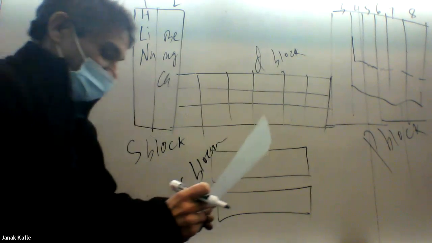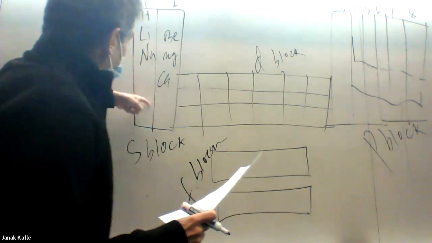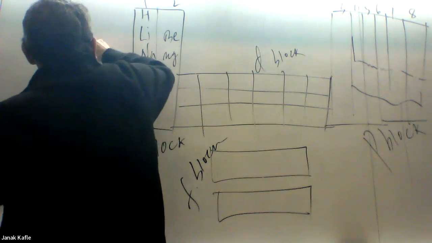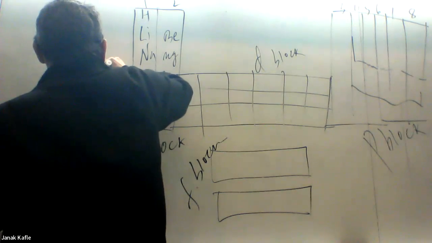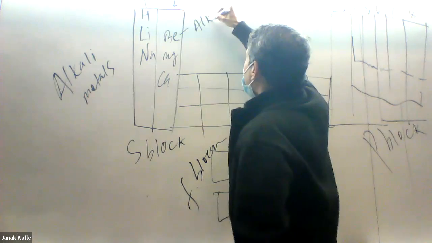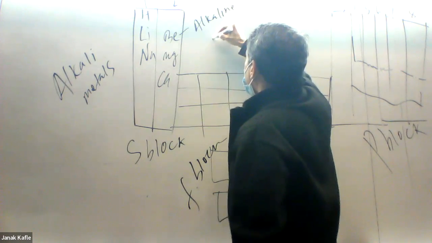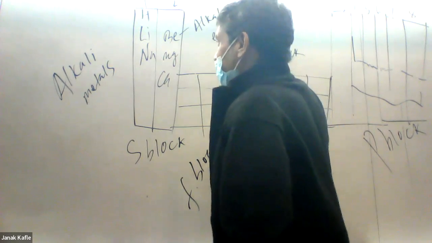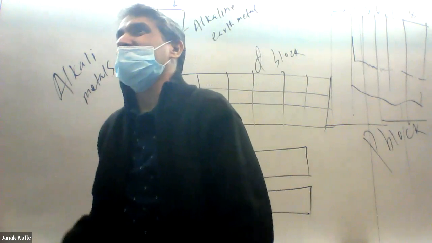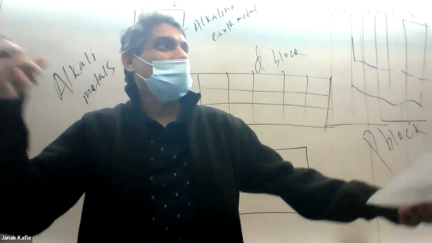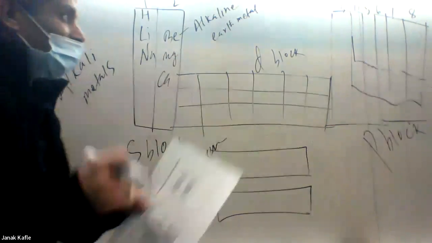Sometimes the group 1 elements are called alkali metals, and the group 2 elements are called alkaline earth metals. That's how they were named a long time ago. Alkali metals mean basic, so they are not acidic, they behave like a base.